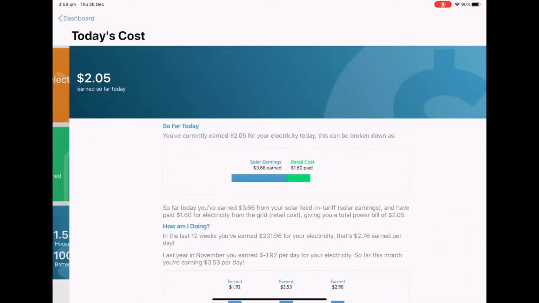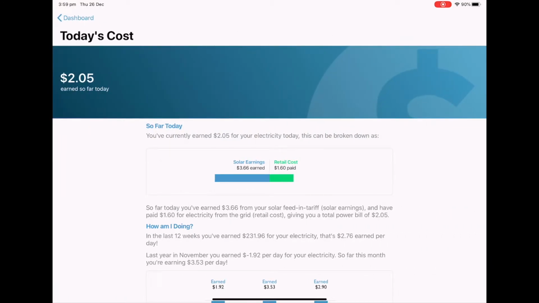So if I click into that, you can see there so far today, I've earned $3.66 from exporting power back to the grid, because I'll get 11 cents a kilowatt, and I've paid $1.60. So about $1 of that is the daily supply charge, and the other 60 cents I must have used a couple of kilowatts this morning.